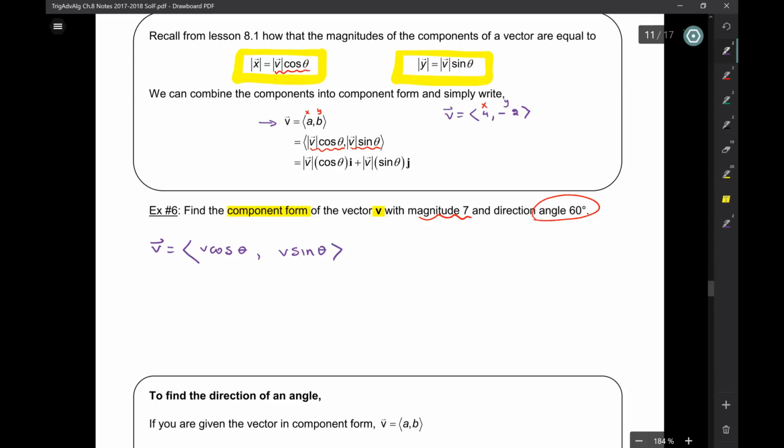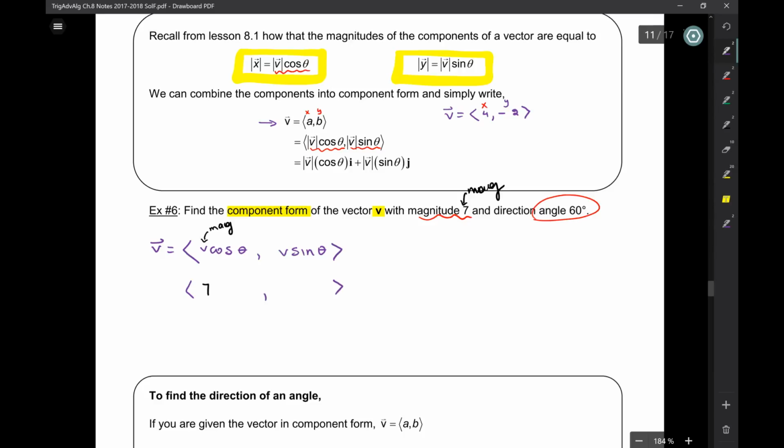I always write that first, because that's x and that's y. V here inside is the magnitude. So that's the magnitude.